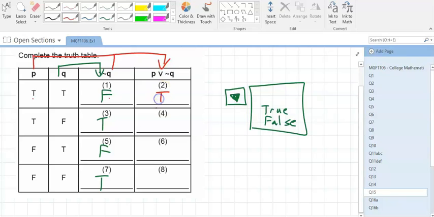True, because it's only false when both are false. I got true and true. What does that give me? I've got false and false. And I got false and true. And there you go. That's what they're looking for. Fill in your columns with the proper symbols. It's a 50-50 shot on all of these.